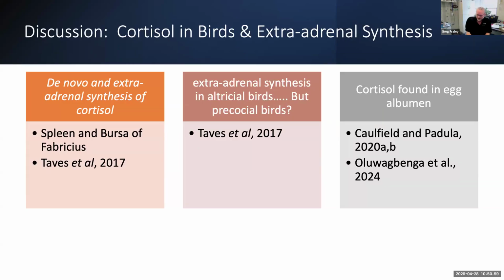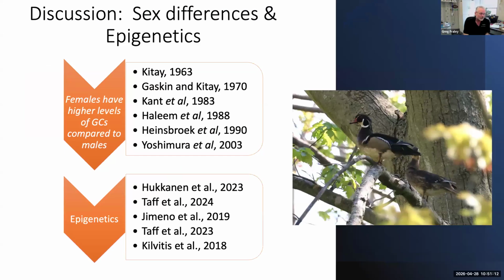So cortisol does exist in birds. It is an active hormone in birds, in response to probably chronic stress, and probably is doing a lot more things that we don't know about. These ideas, again, with the epigenetics of cort, are well established in wild birds. And we are currently looking at this in ducks here as well.